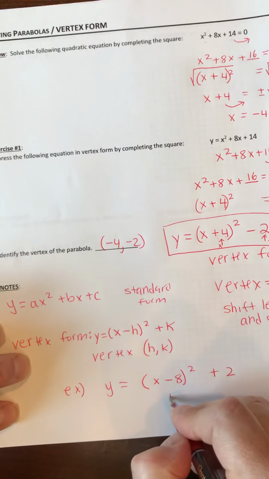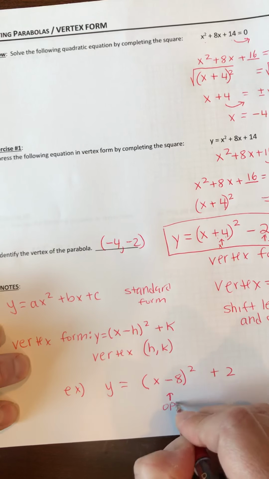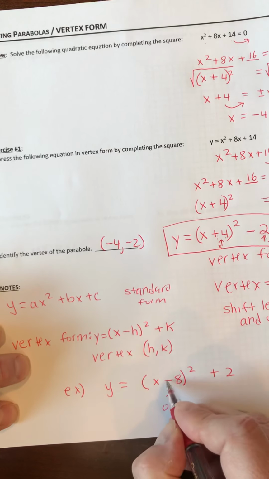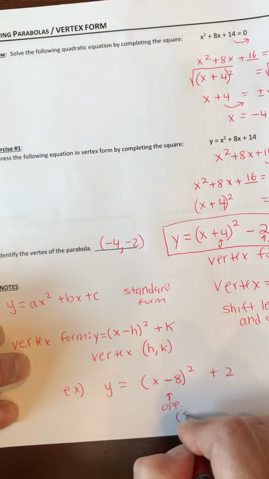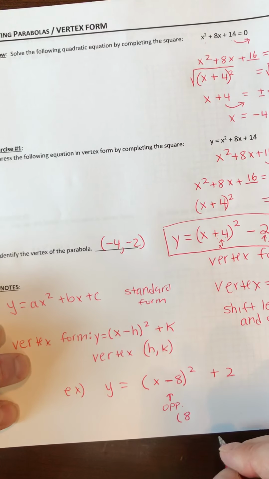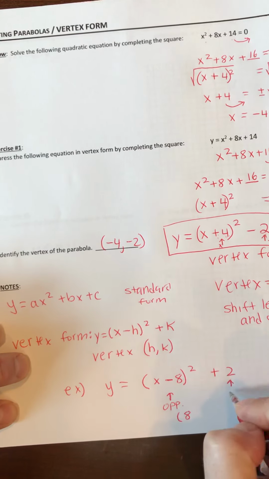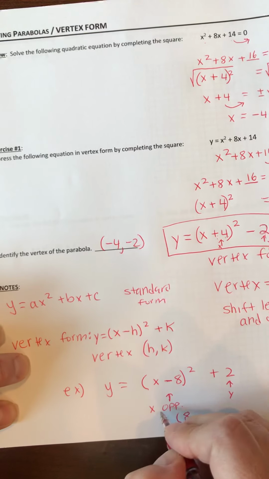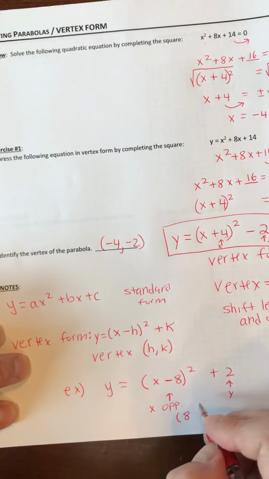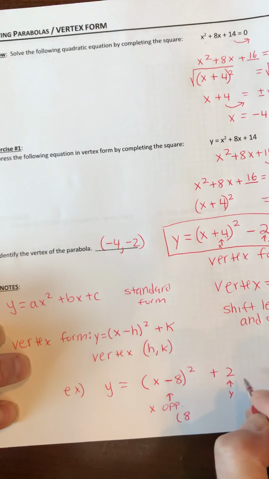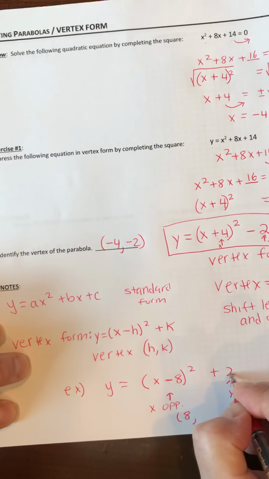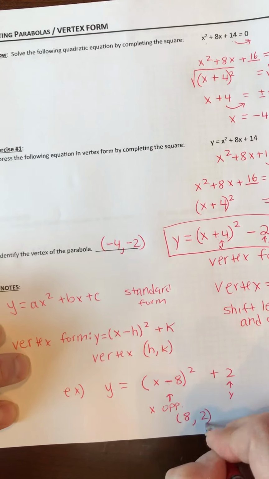My vertex is going to be the opposite. So if it's minus 8, then my vertex is going to be plus 8. This is going to be my y, this is going to be my x, but it's going to be the opposite. So the opposite of minus 8 is plus 8. And then this stays the same: 8, 2.